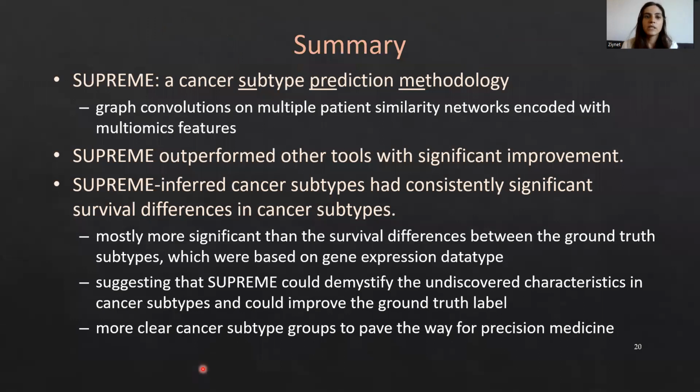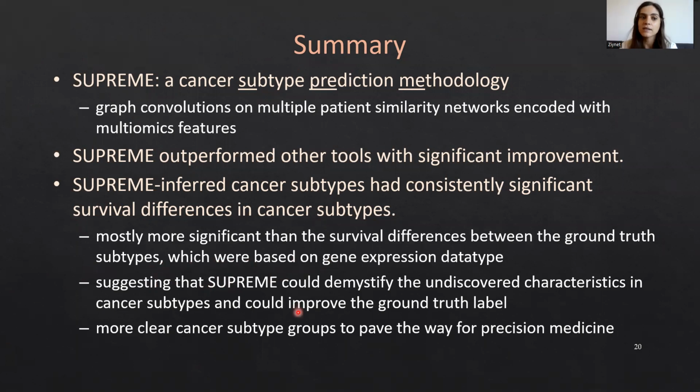In conclusion, we developed Supreme, a cancer subtype prediction methodology, by doing convolutions on multiple patient similarity networks. We showed that Supreme outperformed other tools in terms of cancer subtype prediction and also in survival differences. For survival results, we saw that it was better than ground truth, which is based on the gene expression data type.